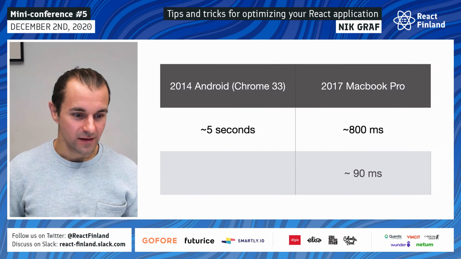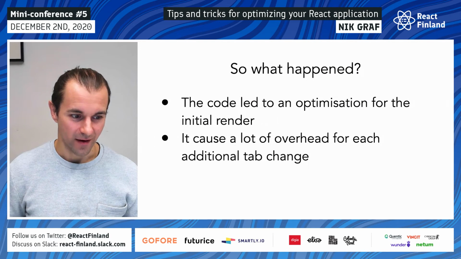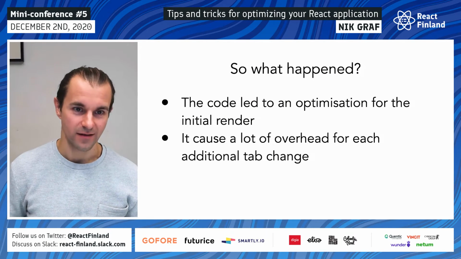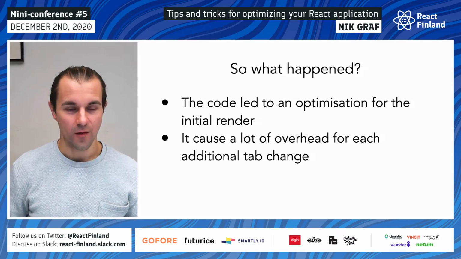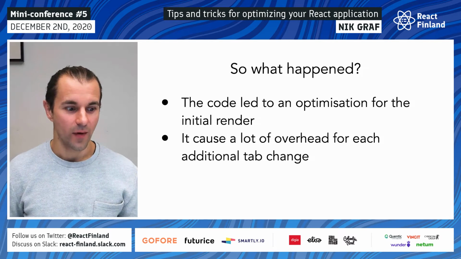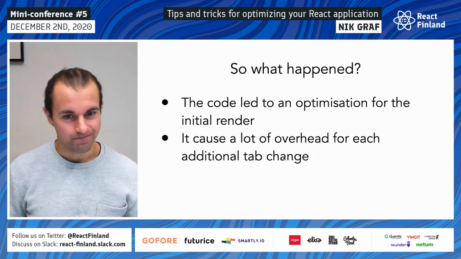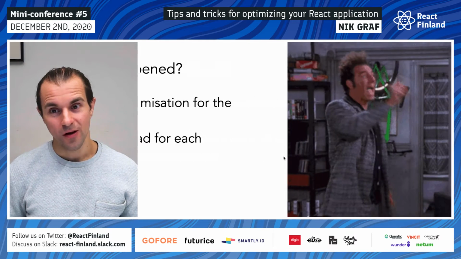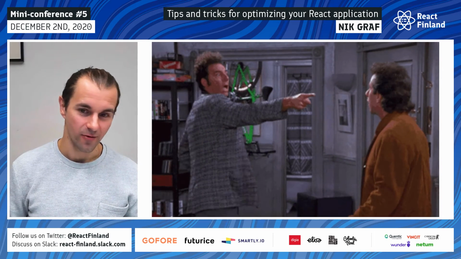And this is very fascinating, because this code was written with a fascinating idea. It led to an optimization for the initial render, because we weren't rendering all the tabs right away, but it cost a lot of overhead for each additional tab change. So what can you do in this situation? Well, blame the developer who wrote it?